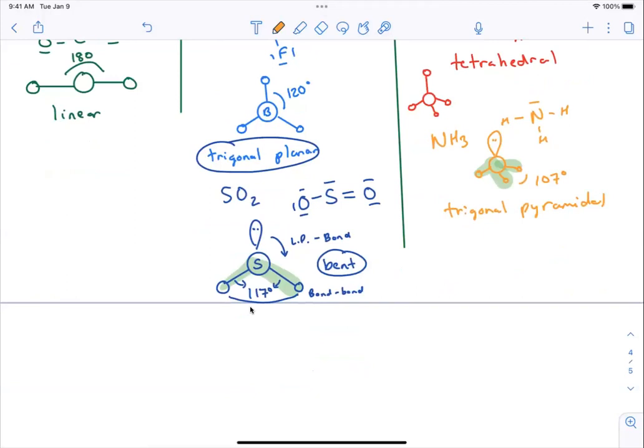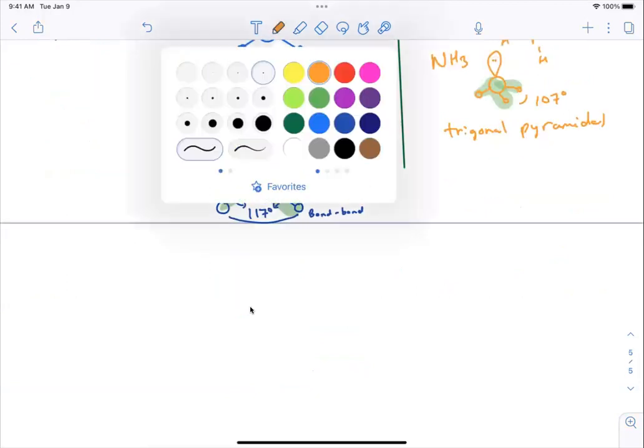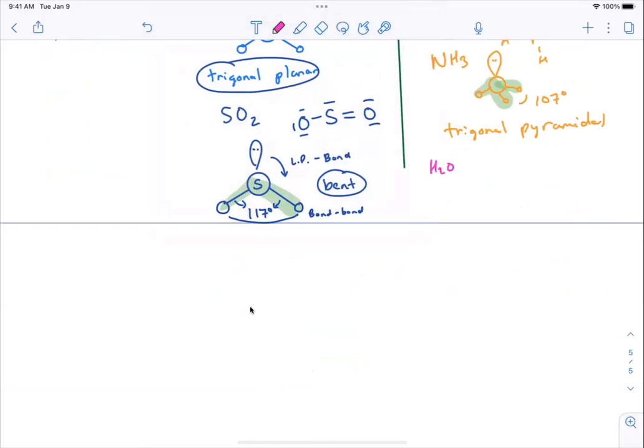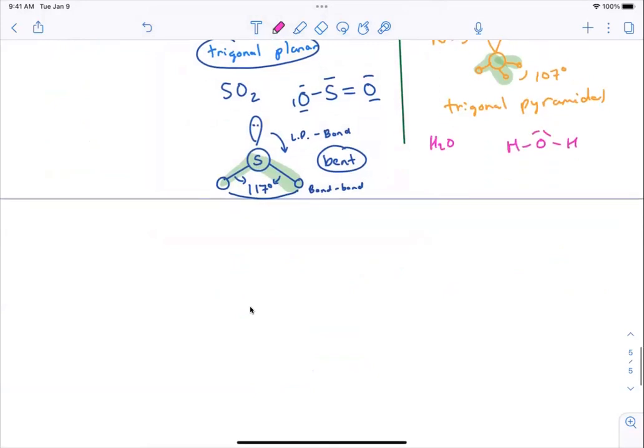Okay. Now, water. H2O is going to look like this, where you have two lone pairs apart from each other.